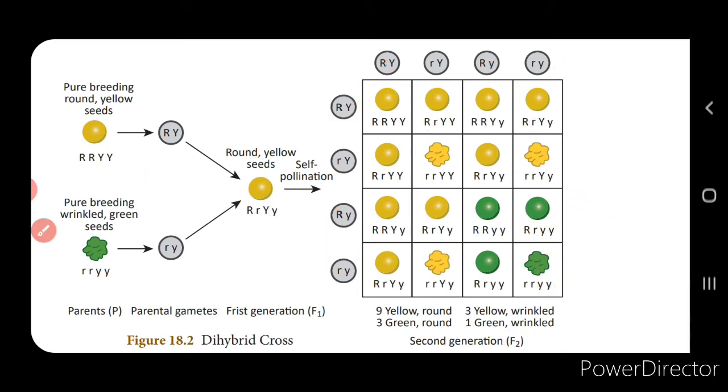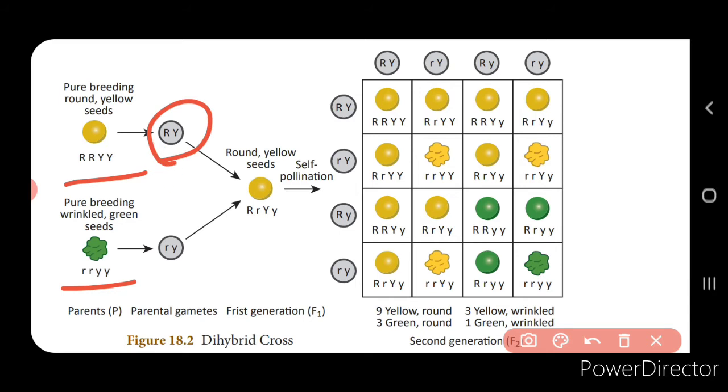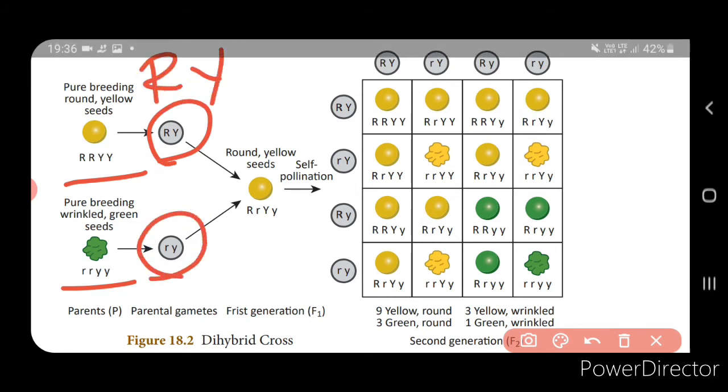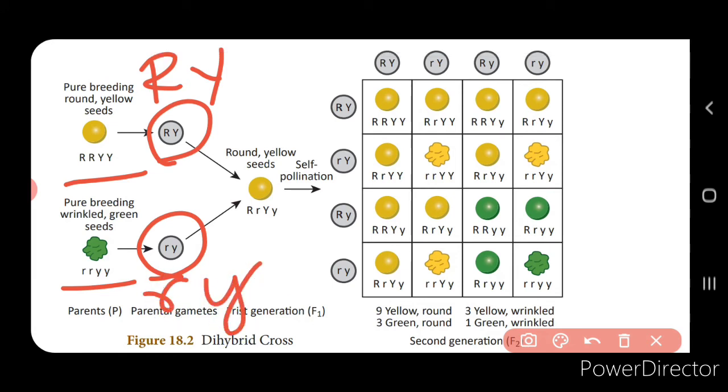Now here you can see the hybrid crossing. This is the parent generation. The gametes of the parent generation are represented singly, that is RY, round and yellow, and small ry, that is wrinkled and green seeds, right?